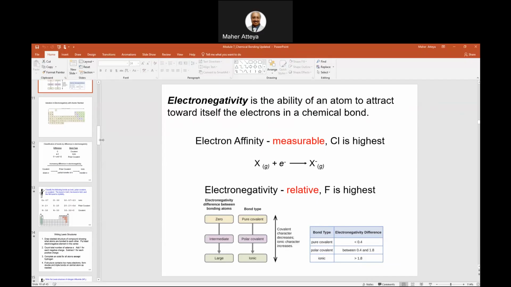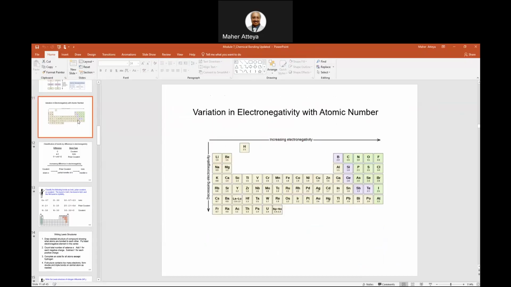We went through that together, and you will see that electron affinity will go from left to right. So electron affinity and electronegativity, from left, this is left, within a period, this is right, on the periodic table.